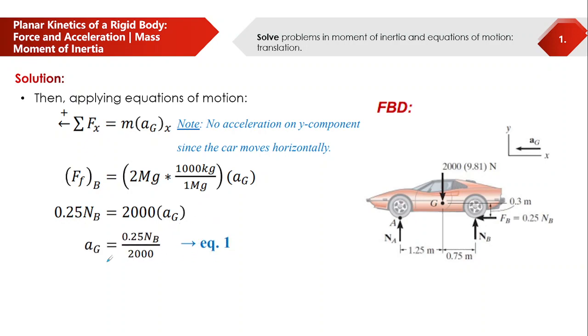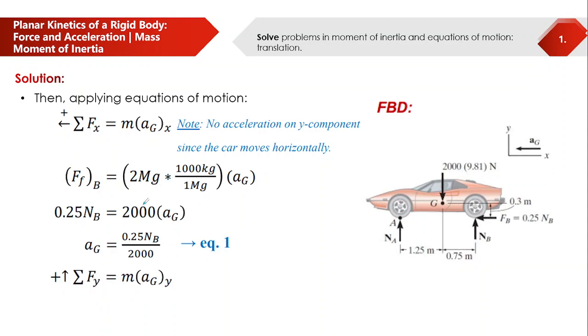Therefore, to solve for a sub g, we need to find the value of N sub B, the normal force at point B. So a sub g equals 0.25 N sub B over 2000. That will be our equation 1, since we need 3 equations to solve for these two unknowns, the acceleration and the normal force at point B.